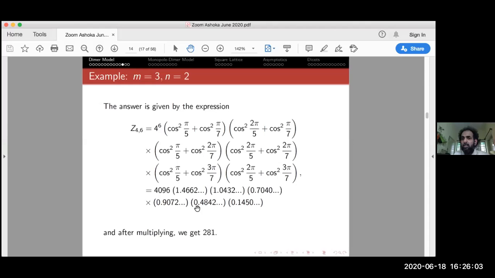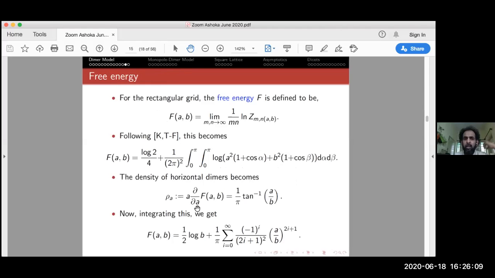The fact that you get a product formula like that also allows you to do asymptotics. The quantity important for physicists is called the free energy. Oh, sorry, there's a typo here. This AB should be upstairs.